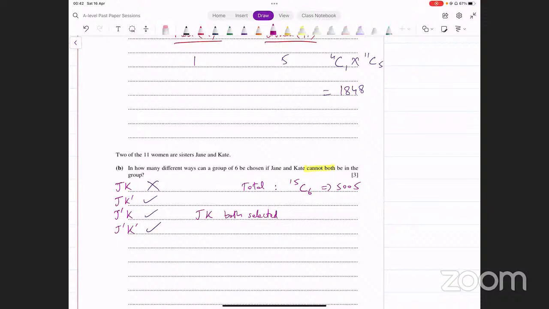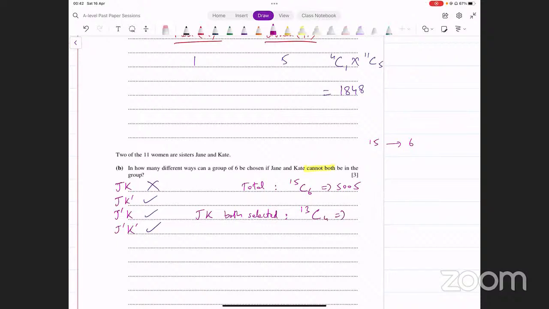It means we had 15 people in total earlier and we had to choose 6 from them. 15 में से 6 choose करने थे. Now if they are both selected already, how many people are we left with? We're left with 13 people. And out of those 13 people, how many do we have to choose? We have to choose 4.